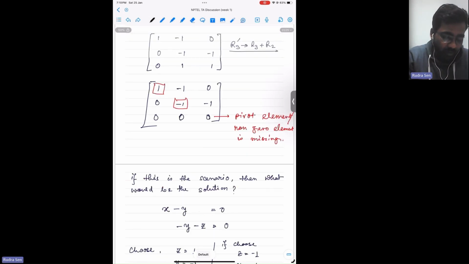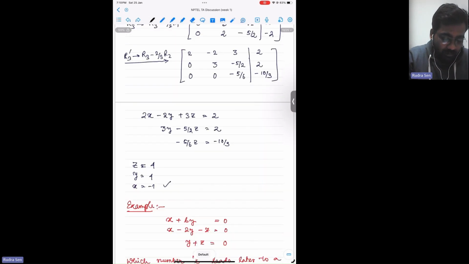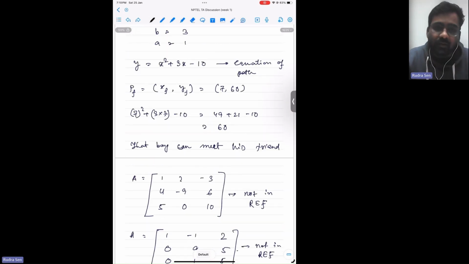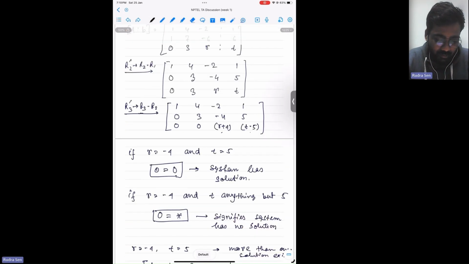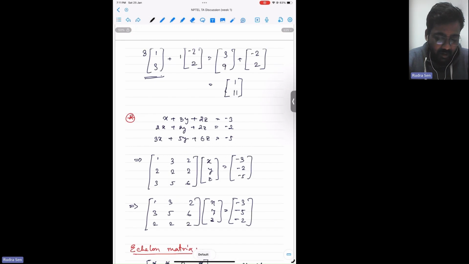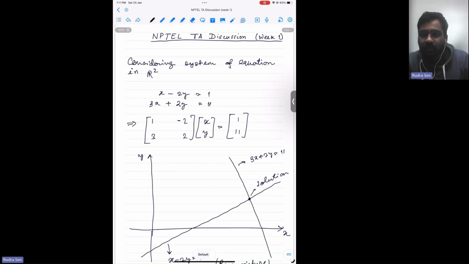So on this note, I stop this discussion for today. Today we talked about the Gauss elimination method and row echelon form, and we have seen the benefits of these procedures.